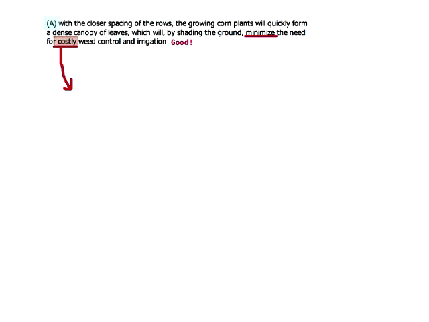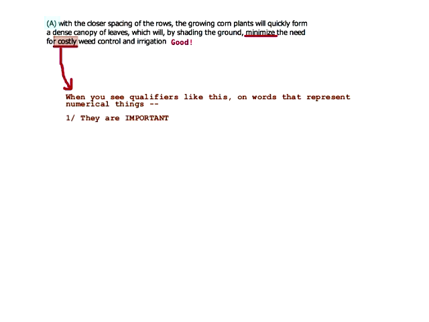Remember, this is not the quant section. They're not going to be making you calculate things. But when you see qualifiers like this on quantitative stuff, on words that represent numbers or numerical things in general, the first thing to know is that they're important.